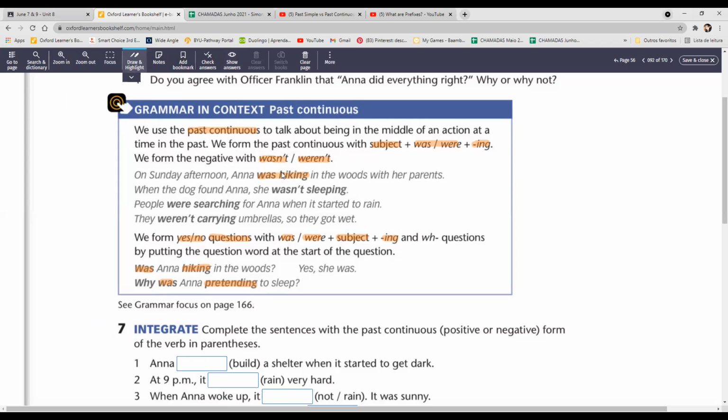Do you know the meaning of this word? I think we talked about this verb the other day, but I don't know if you remember. Yes, it's when someone is walking in the forest, in the woods. Yes, very good. Exactly.